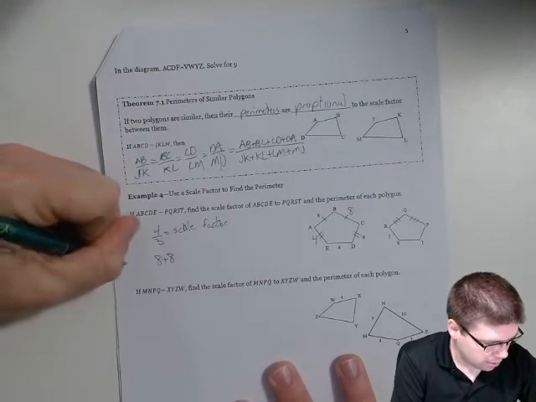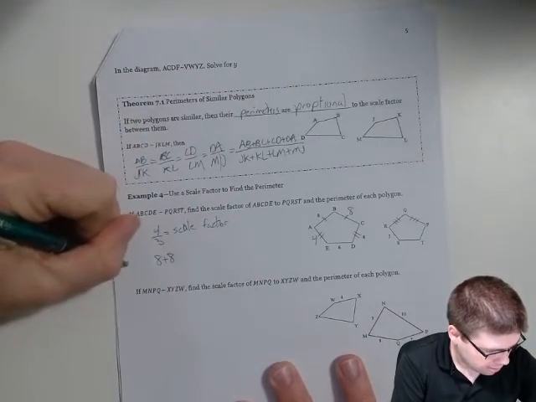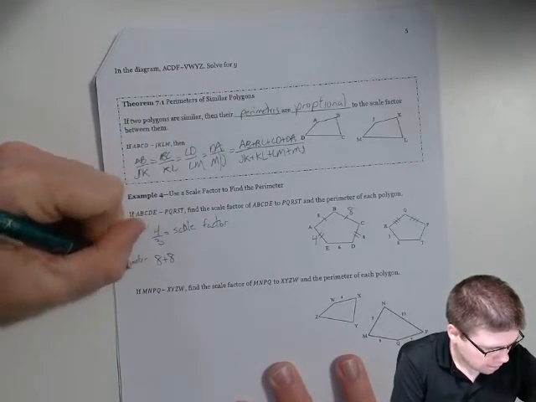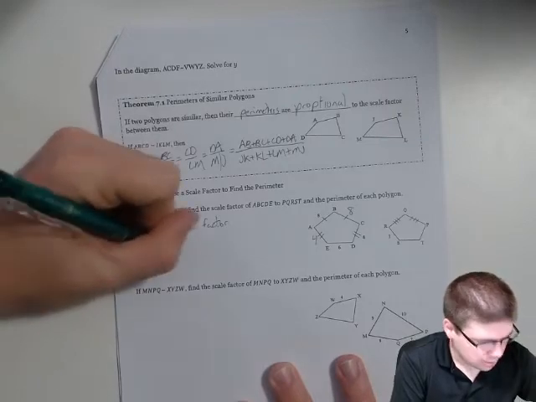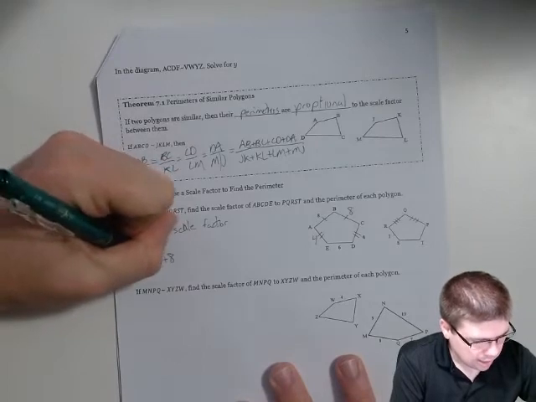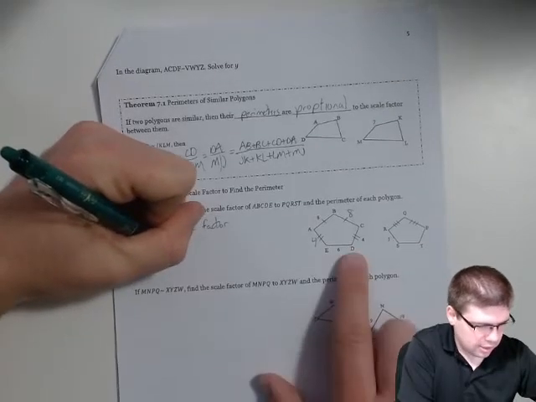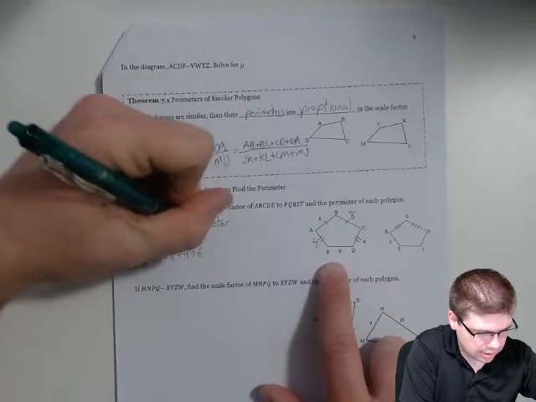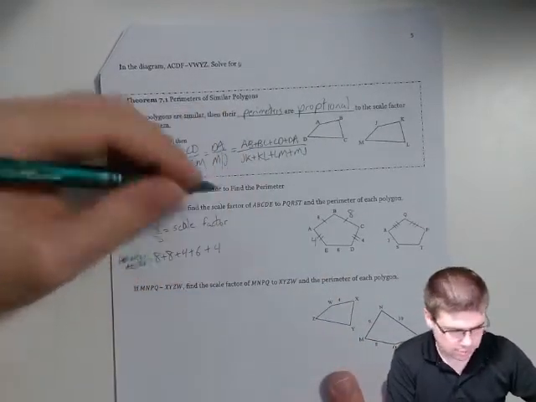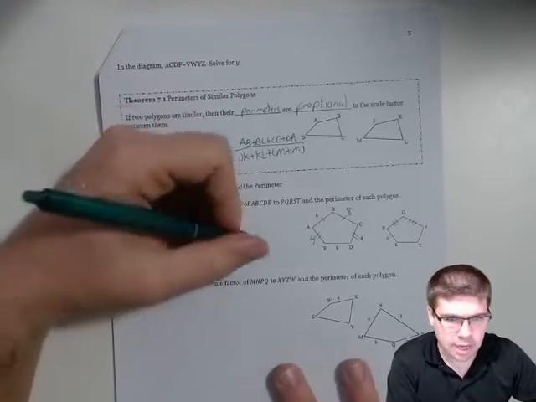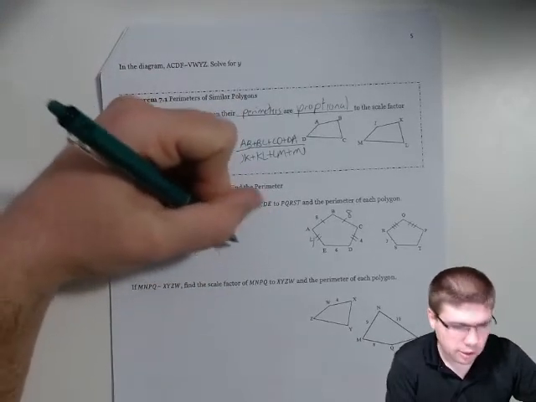This is the perimeter of A, B, C, D, E. So it's going to be 8 plus 8 plus 4 plus 6 plus 4. And so we can add all those up, and when we add those up, we get 30.